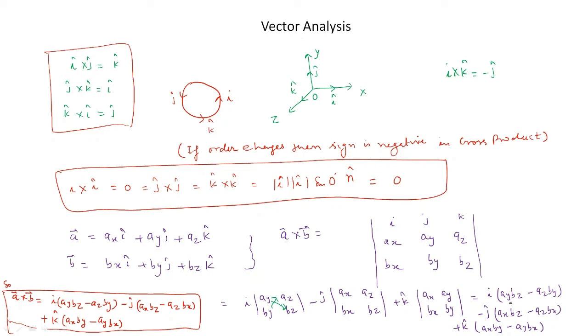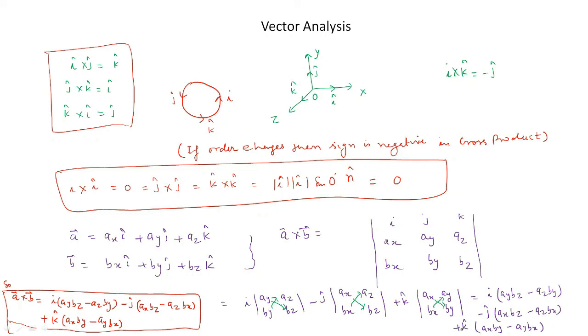Then it is minus j, then you will have here Ax, Bx and then Az, Bz. So this term will give you a positive term and this will give you a negative term. So it will be Ax Bz minus Az Bx. Then the third value, this will give you a positive value and this will give you a negative value.